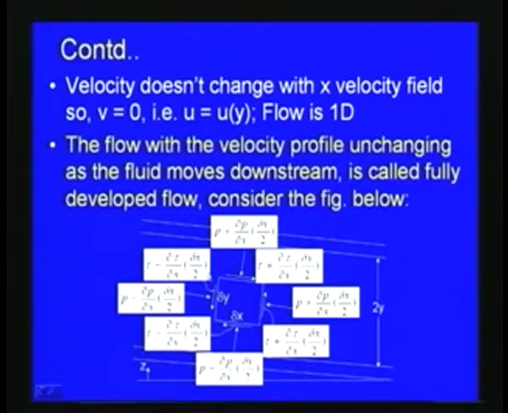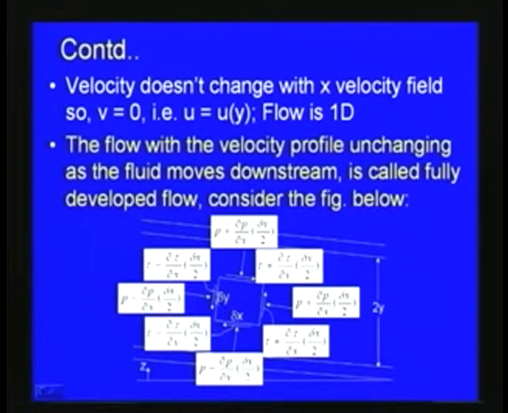Then, due to the shear stress, we can write the shear force correspondingly. On this face it will be tau minus del tau by del x into delta x by 2, and on the opposite face it is tau plus del tau by del x into delta x by 2.